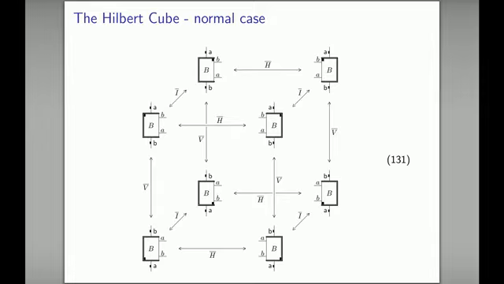Is there a simple way to explain what happens in, let's say, algebraic notation? I'm not sure what you mean by the algebraic notation. Well, if you use ket-bra notation? There may be. One of the problems is that if you're using ket-bra notation, you have this kind of wrong twist.